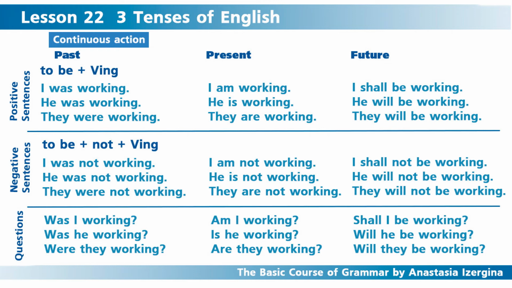In negative, we just need to add not to our auxiliary verb to be, whatever its form, past, present, or future. So in fact, you see, the difference in the formula is that we only change the form of the to be verb. But V-ing, so our verb with ing ending, is not changing. It's the same in past, present, and future tense. So negative sentences sound the same way.